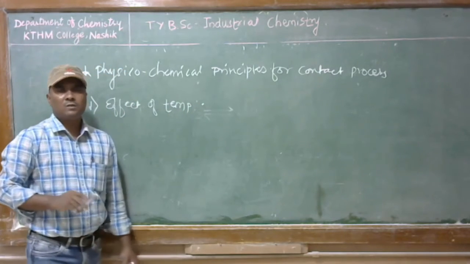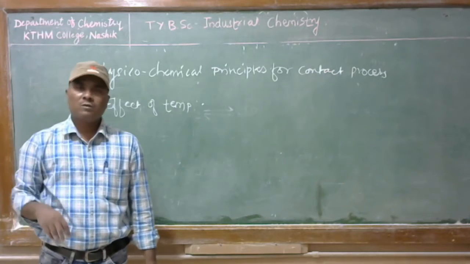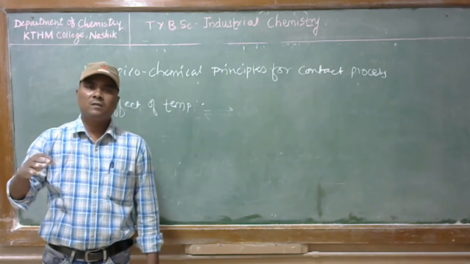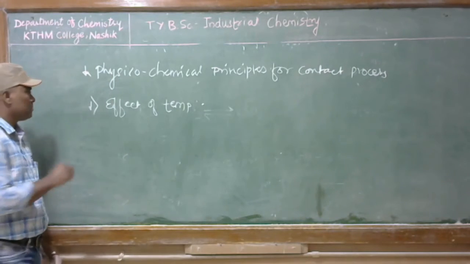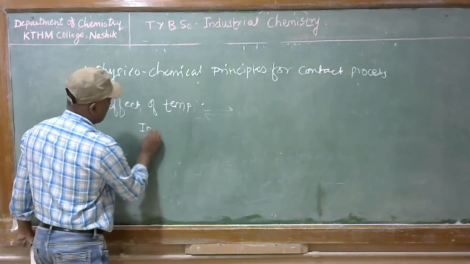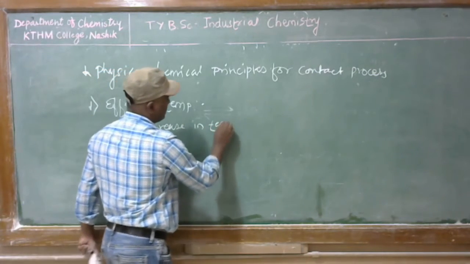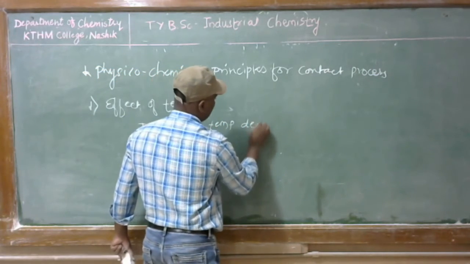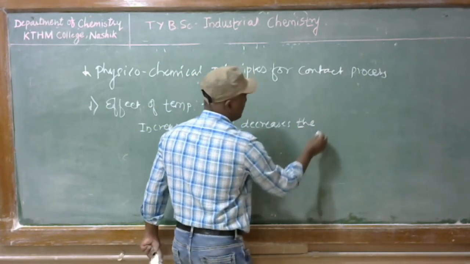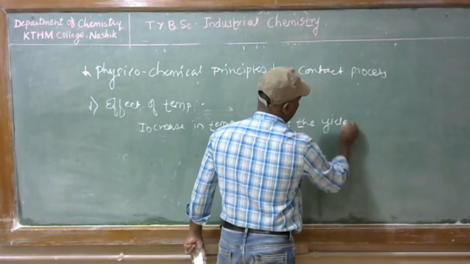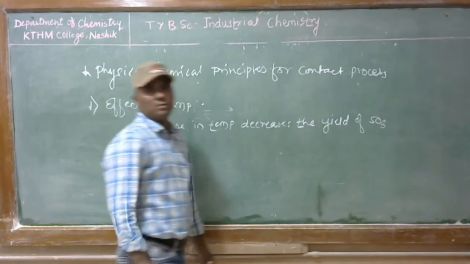Students, as I have summarized here, the reaction is favored with low temperature. So increasing temperature decreases the yield of SO3.